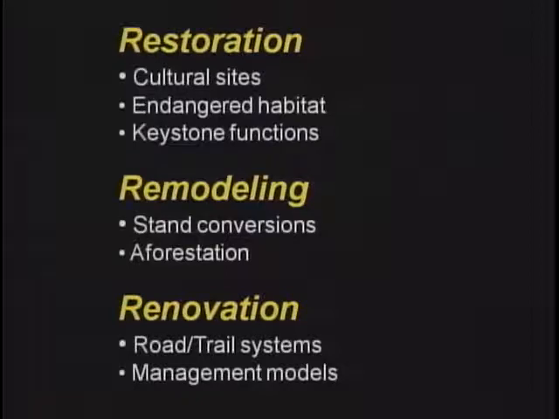Endangered habitats, beargrass habitat, like Danielle was talking about before, or environments that are being encroached, meadow communities, native grass prairies, things like that are horribly endangered. Let's restore those. Keystone functions. Let's bring some beavers back and plug them in. Beavers controlled the hydrological regimes. Native Americans controlled the fire regimes. We can put the beavers back and they'll do what they do.